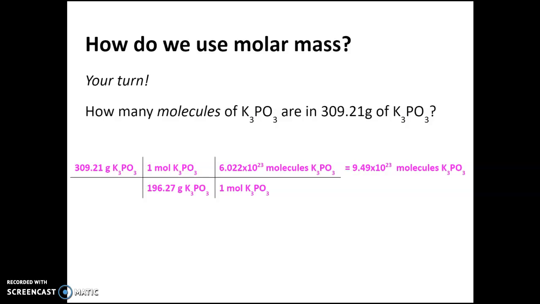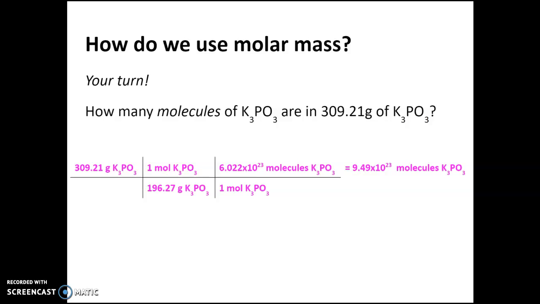Okay, last problem. This was our little bit of a challenge problem. So we're starting with 309.21 grams of potassium phosphite. And we want to know how many molecules of potassium phosphite are in that mass. So we'll start with our given 309.21 grams of potassium phosphite.